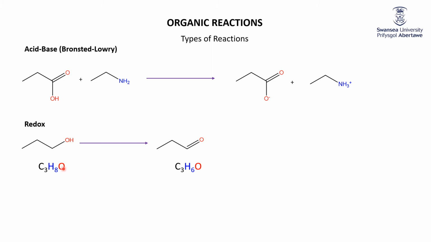The oxygen is -2, hydrogens are +1, so that's +8. +8 -2 leaves -6 to be taken care of by the 3 carbons, so the carbon's -2. Over here, you've got the oxygen -2, only 6 hydrogens at +1, so that leaves a total of +4 to be handled by the 3 carbons, so the carbon is -4/3. So the average oxidation number of the carbon has increased, thus it is indeed an oxidation.